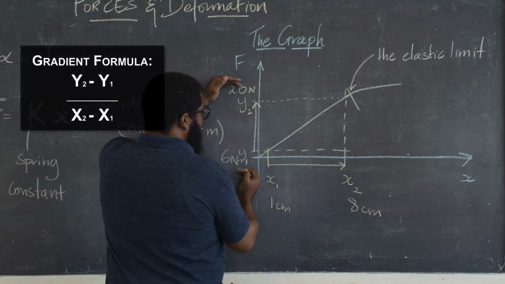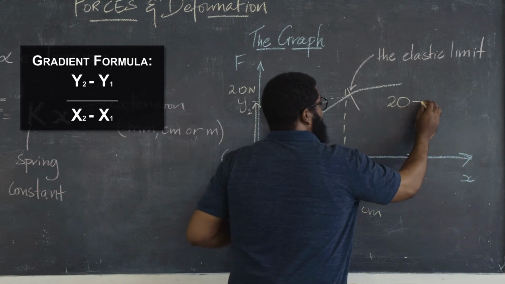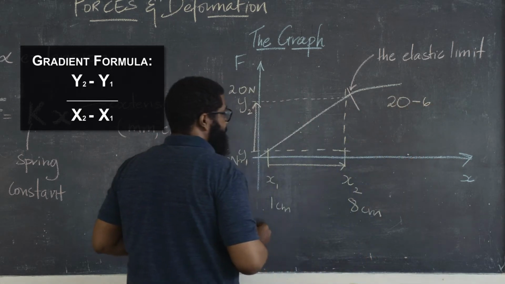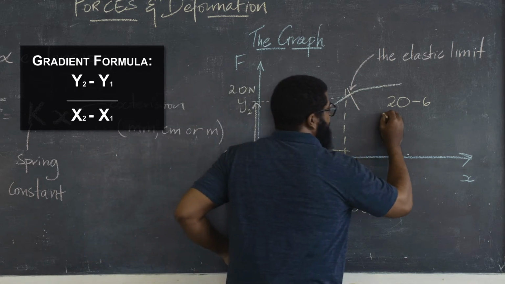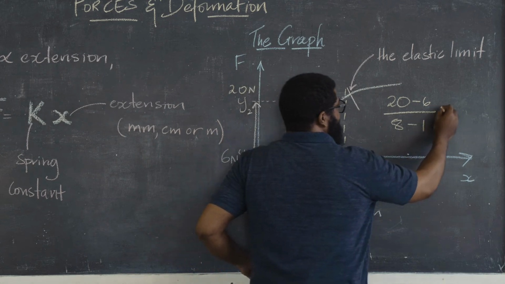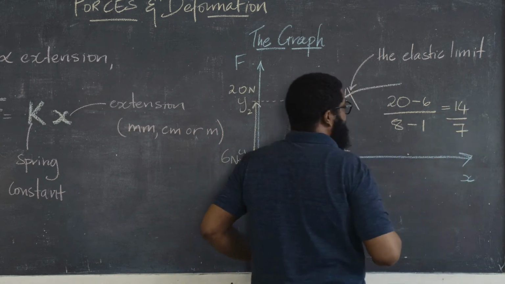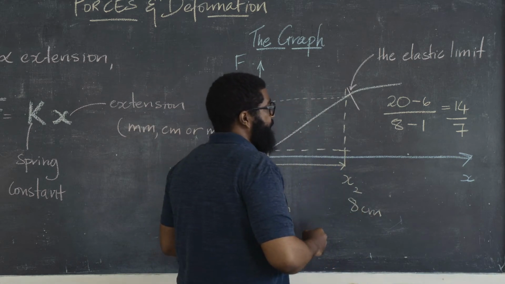So our change in y is 20 minus 6, and our change in x is 8 minus 1. We get 14 over 7, and this gives us 2.